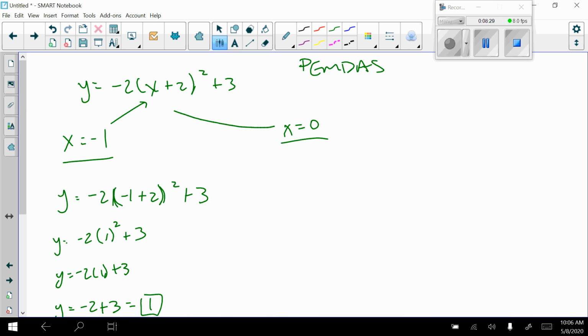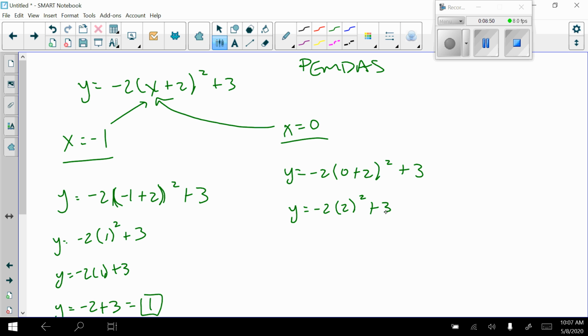Again, I'm just taking that 0 value and plugging it in for x. So it'll be y equals -2 times 0 plus 2 squared plus 3. Again, parentheses first. 0 plus 2 is 2. So I have -2 times 2 squared plus 3.